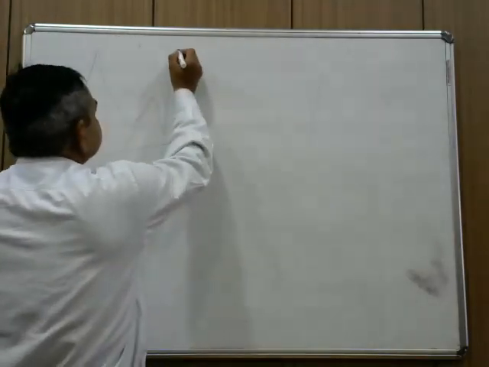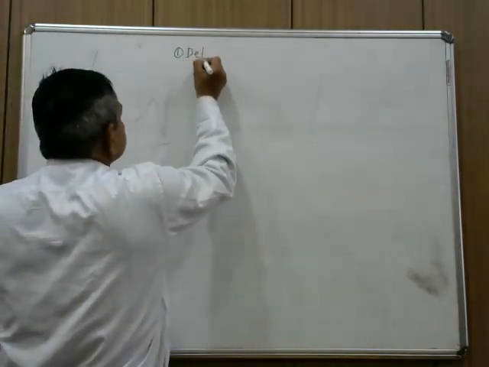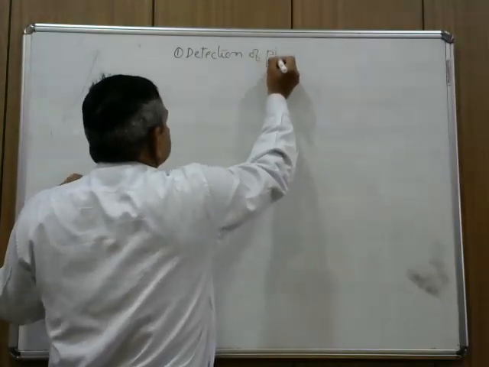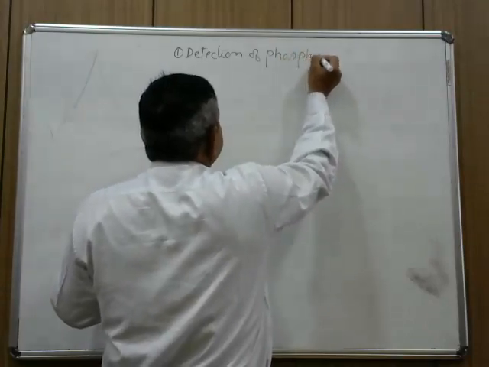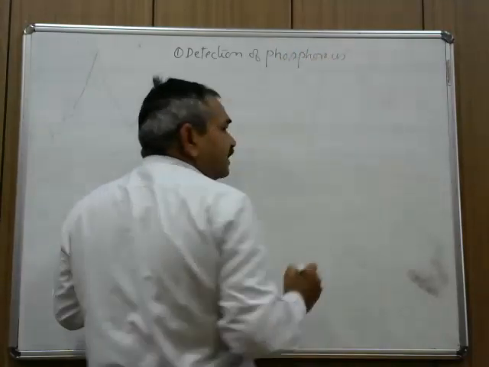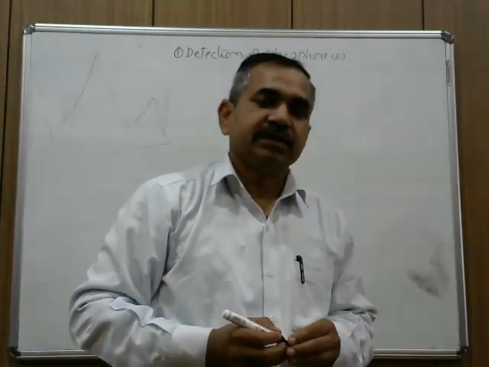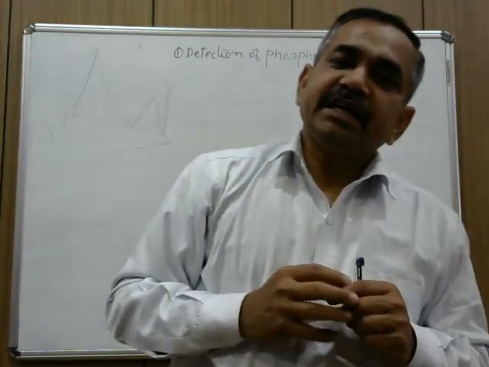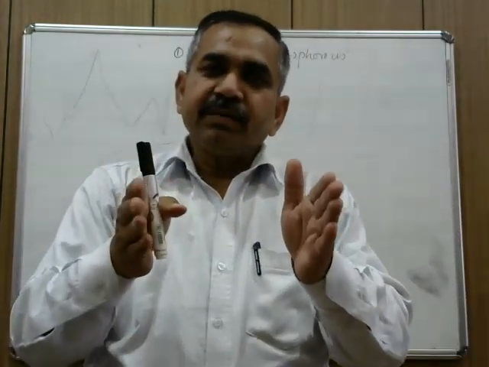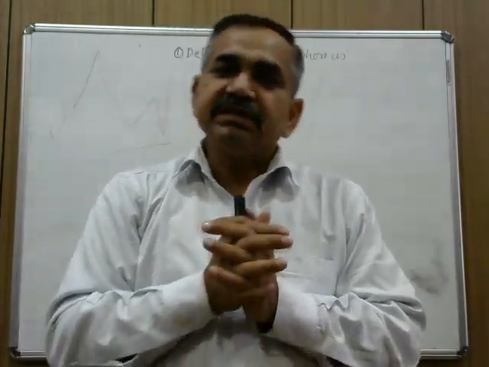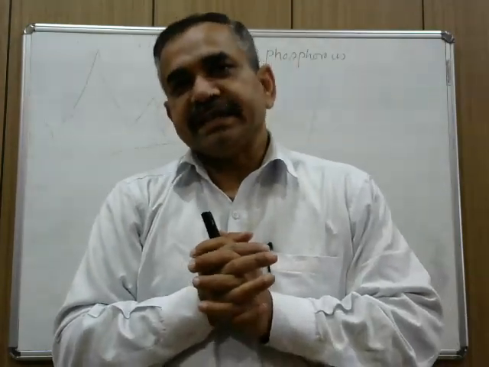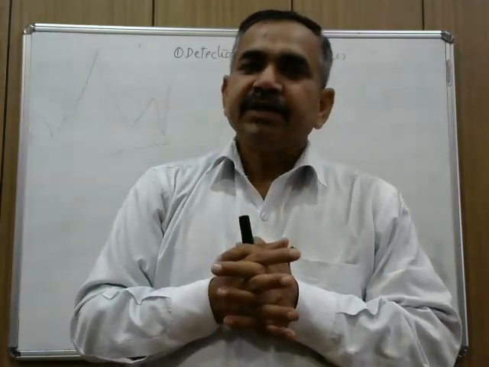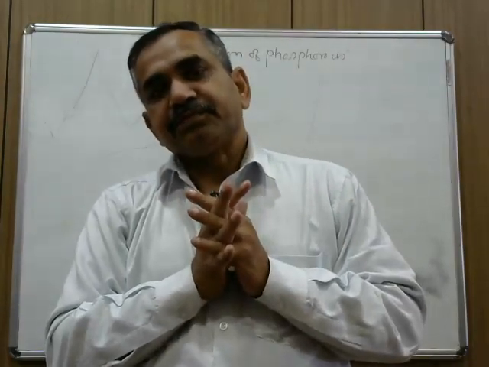First I told you detection of phosphorus in given organic compound. To detect the presence of phosphorus, the given organic compound is first oxidized using sodium peroxide, and then this mixture is heated with dilute HNO3.